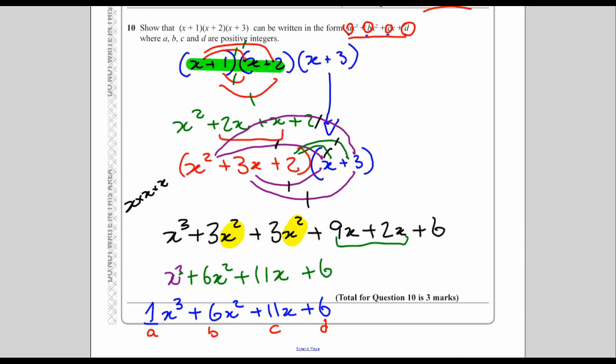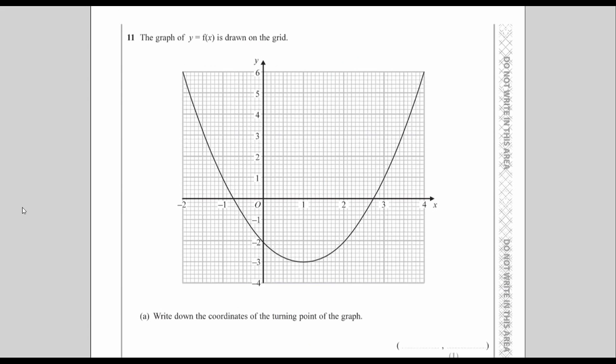Next question. Question 11. The graph of y equals f of x is drawn on the grid. Part A. Write down the coordinates of a turning point of a graph. Sometimes in maths you can use your knowledge of the English language. Where do you think a turning point is going to be? Maybe it's where the graph turns.